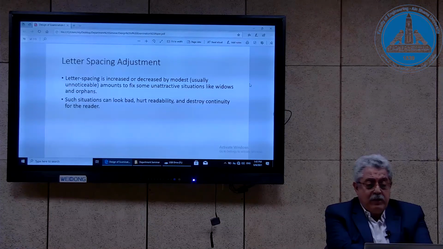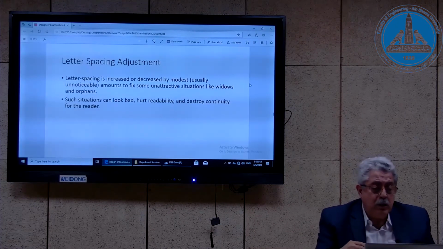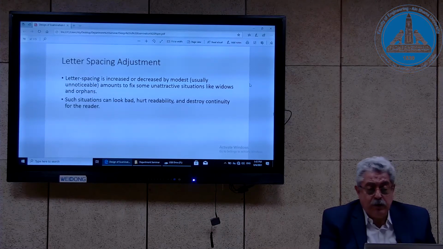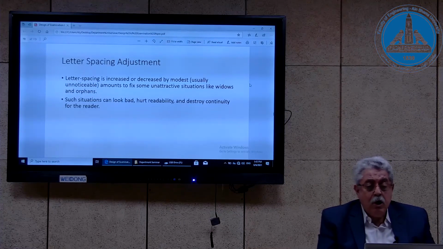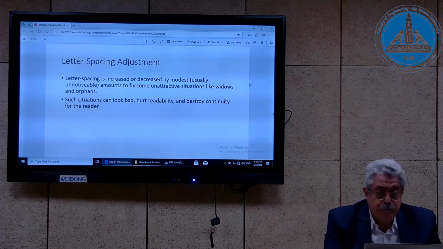If you set this option, which is the default, they will not leave lines alone at the beginning or end of a page. Such a situation can look bad, hurt readability, and destroy continuity for the reader.